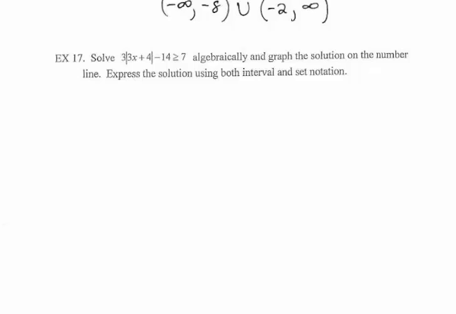Alright, 17. There's some numbers surrounding the absolute value part of the inequality. So we need to isolate the absolute value bars before we get rid of the bars. Alright, so first step, add 14 to both sides.